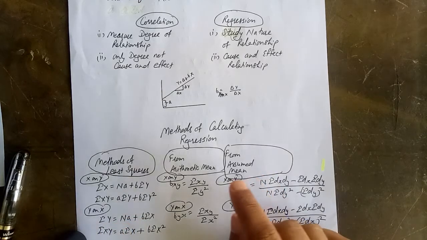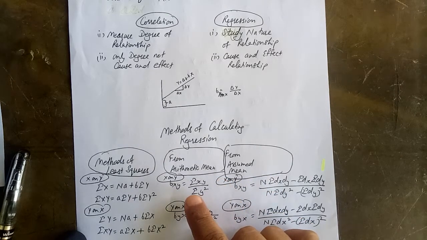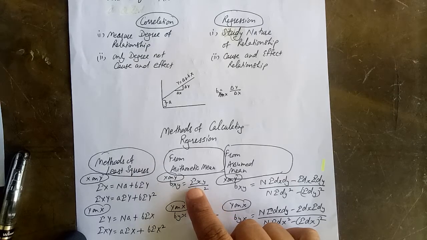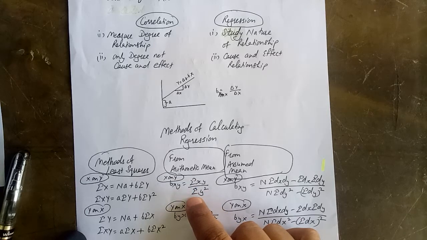So this will be explained in this method, and how these equations are formed will also be discussed. In the case of the arithmetic mean, that is the actual mean, the formula will be sigma xy over sigma y square. Now you can see that it is similar to correlation. How is it similar? On the numerator side it was the same, sigma small x small y, over the square root of sigma x square and sigma y square.